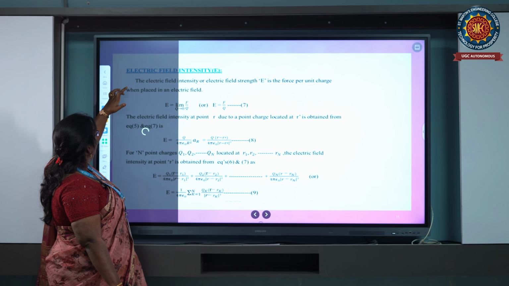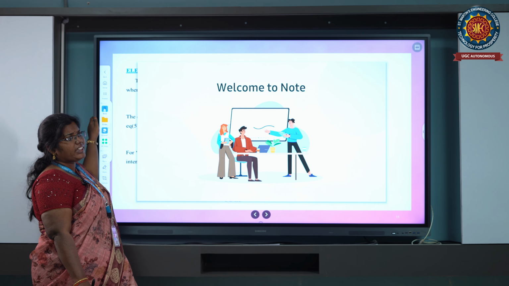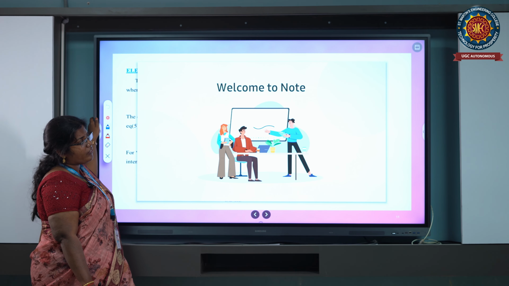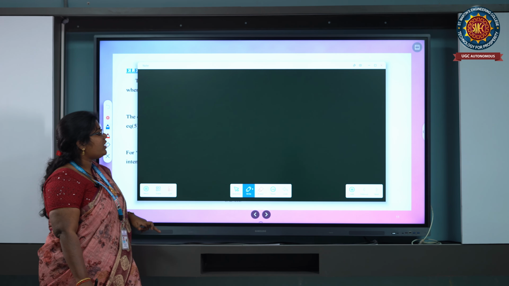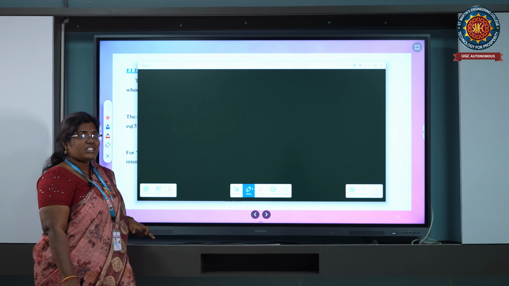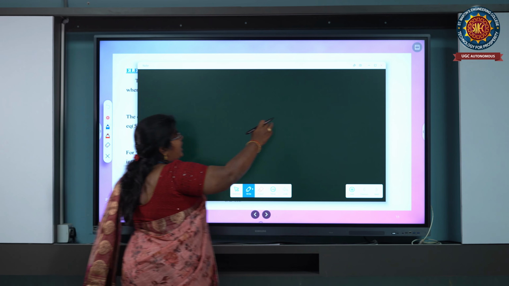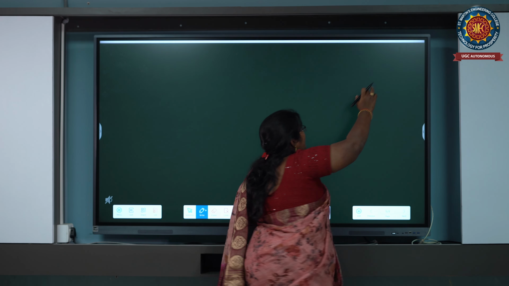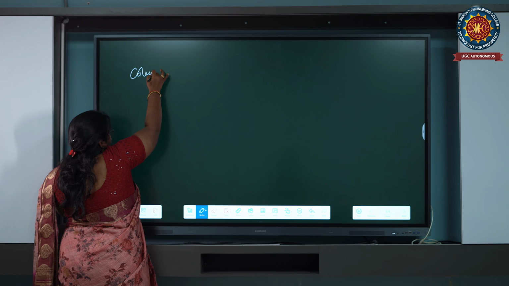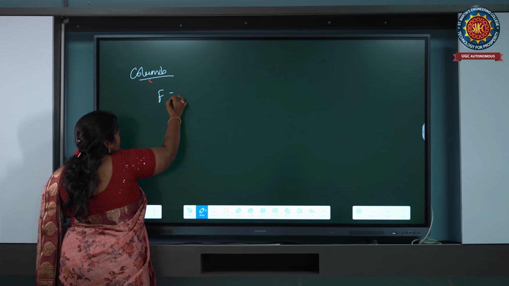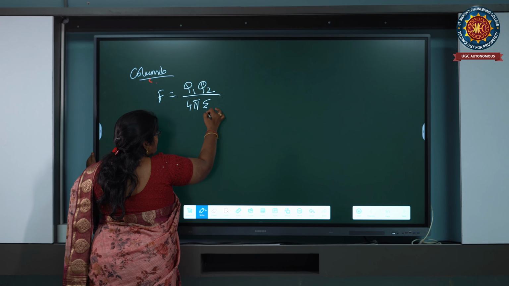When we take the difference between Coulomb's law and electric field intensity: in Coulomb's law we give 2 point charges, q and q1, but in electric field intensity we give only one charge, that is q. You can easily observe Coulomb's law, F equal to q1 q2 by 4 pi epsilon naught r square.